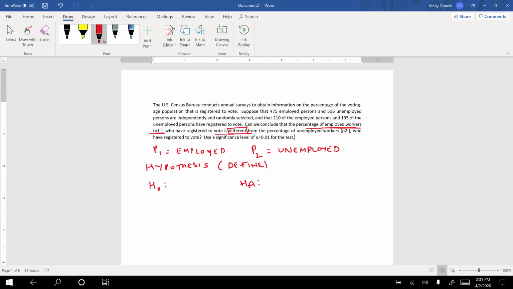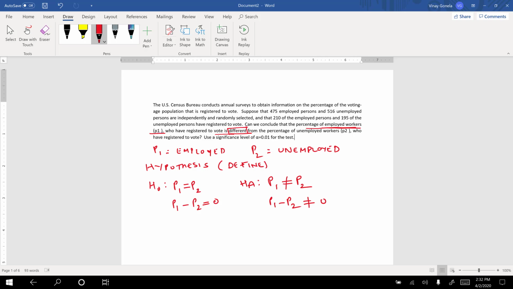When they say different, that means not equal, so p1 is not equal to p2, which can be written as p1 minus p2 not equal to 0. The null hypothesis would be p1 equal to p2, which can be written as p1 minus p2 equal to 0.